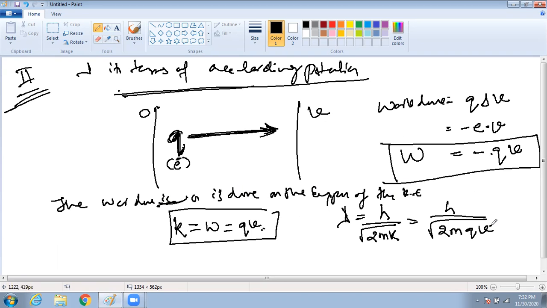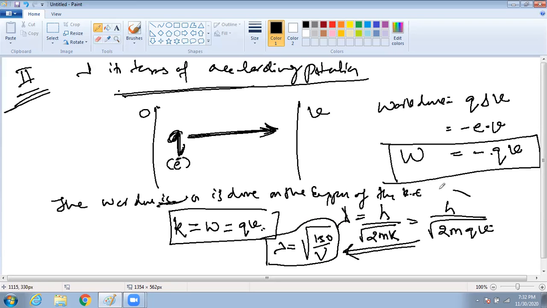So there is another formula. If you have a voltage given, you can still find out the lambda. And for an electron, the formula simplifies to lambda equal to root 150 divided by V. This is for any particle.